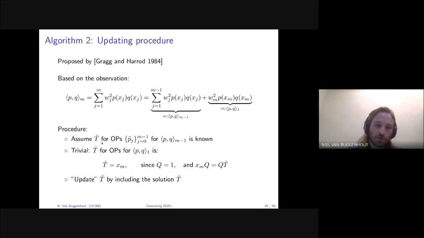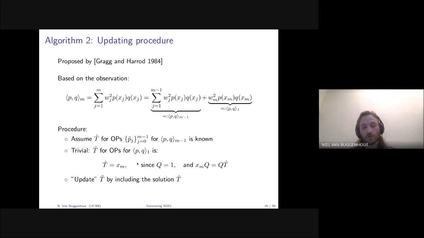So this is without loss of generality. We can assume that we have this solution at hand. Then the problem for the other inner product, which only consists of one term, is trivial. T hat is nothing more than the node itself, xM. Q has to be unitary, so it has to be the number 1. And so we immediately get our solution.